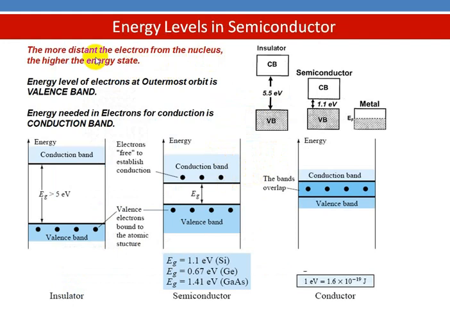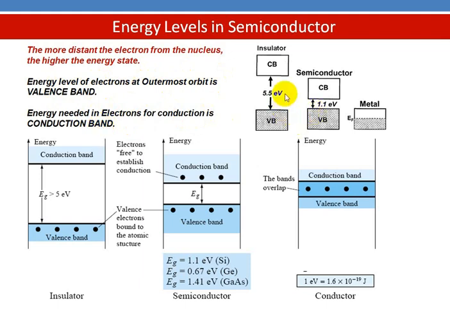Energy level: the more distant the electron from the nucleus, the higher the energy state. That is, the outer shell will have a higher energy state. So the energy level of electrons at the outermost orbit is called the valence band. The energy needed by electrons for conduction is the conduction band.